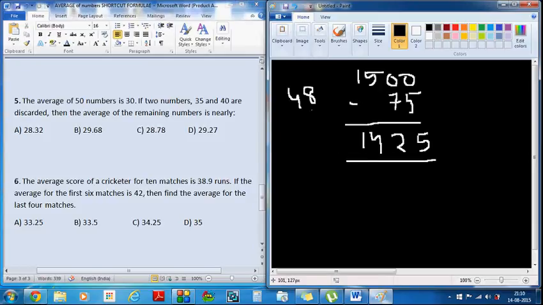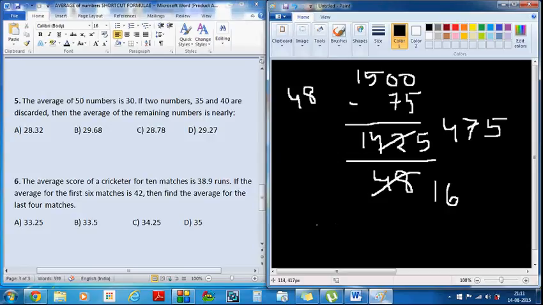For 48 numbers the sum is 1425. So 1425 by 48 will give the average. So I will cancel by 3. So it will be 16, and it will be 475.